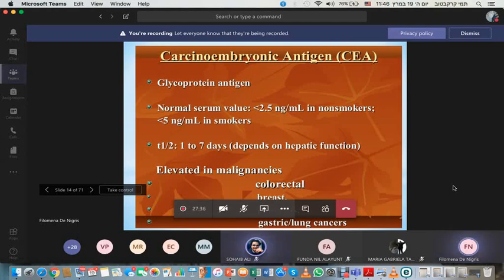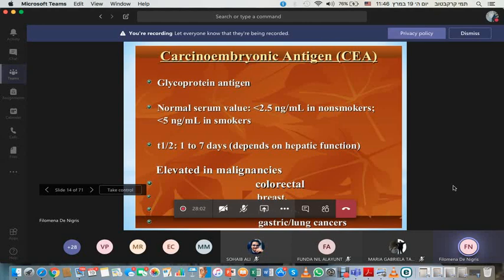Because it's an inflammatory situation, and the inflammatory situation induces changes in normal tissue. So this change determines that the cell starts to produce something that was originally in the embryo stage.